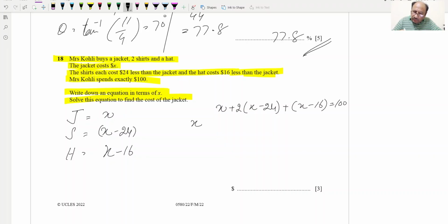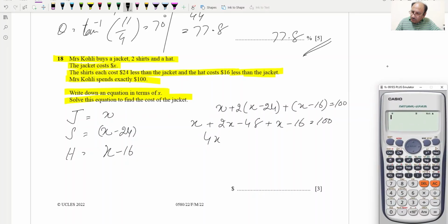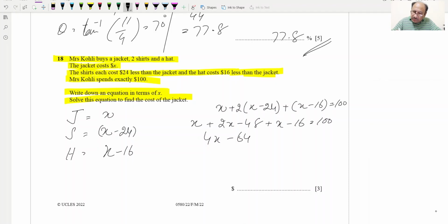So we will open the bracket. So x plus 2x minus 48 plus x minus 16 is equal to 100, adding the like terms. So this will be 4x, and this will be minus 48 minus 16, which is minus 64, equal to 100.